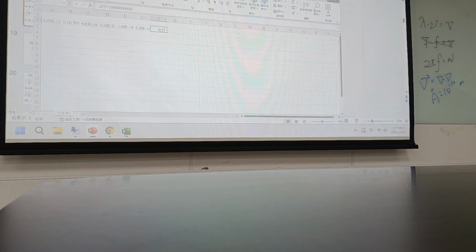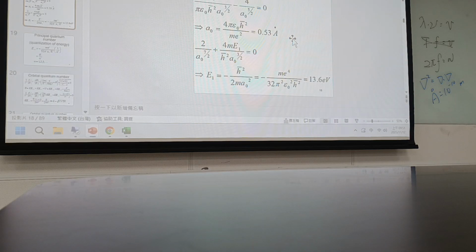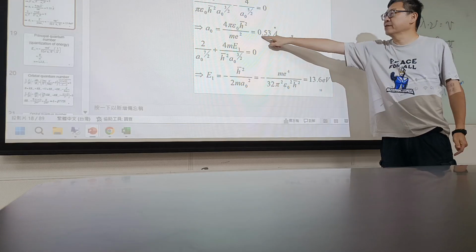So we know the strength of the Bohr model: the Bohr model can get this number, 0.53 angstrom. By using the Schrödinger equation, we can also get this number, and we don't need to assume that they have an orbit.